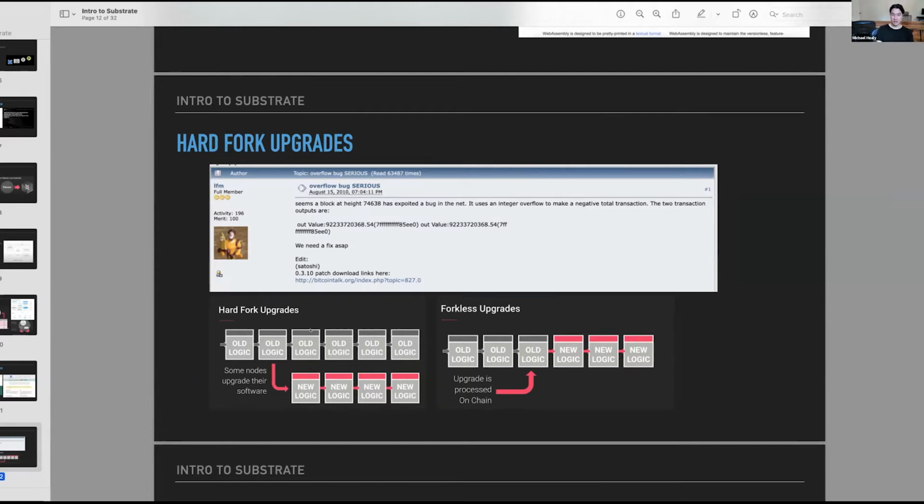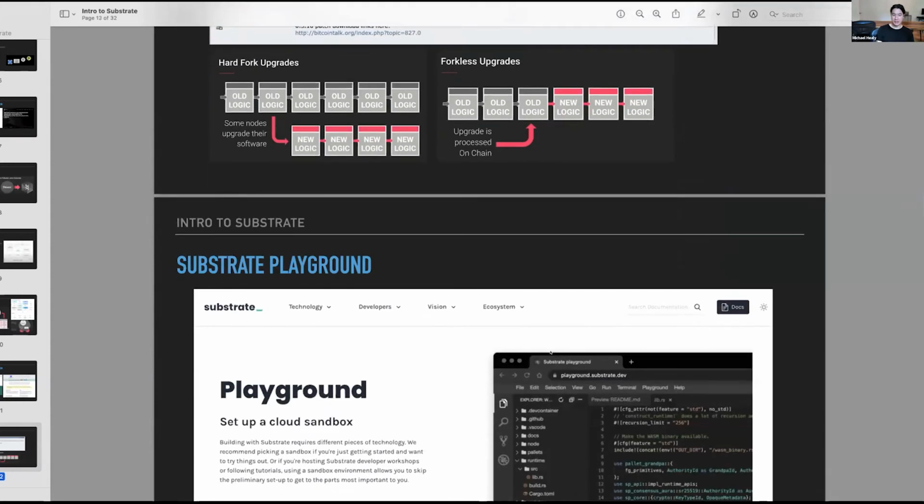But in the case of a hard fork, it's much more clunky. So this is a feature provided by Substrate and Polkadot, where when you want to upgrade the network, you can push an upgrade, everybody votes on the upgrade, and the upgrade gets implemented. So it's much more seamless, much less cumbersome.